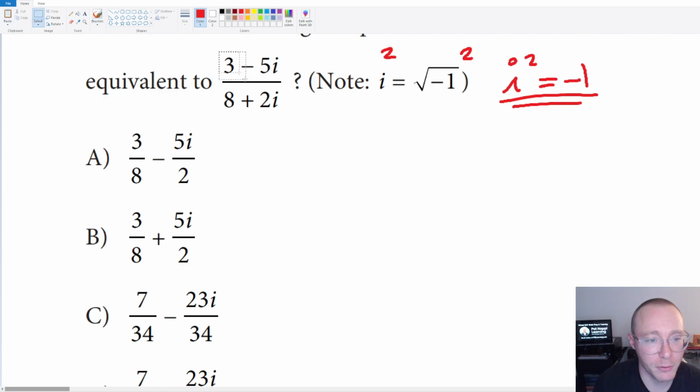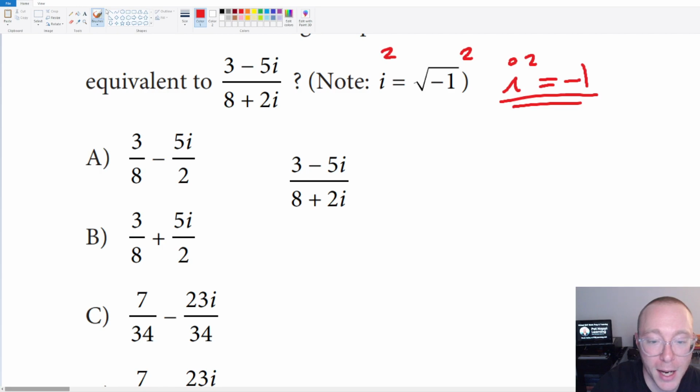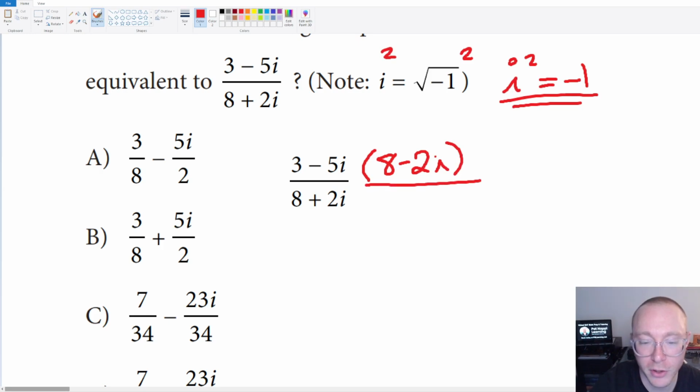You're going to take this fraction, (3 minus 5i) over (8 plus 2i), and you're going to multiply the numerator and denominator by 8 minus 2i. 8 minus 2i is almost the same as the denominator, except we've switched the positive to a negative symbol. And that's really all a complex conjugate is. It's some complex expression with two terms, and you just switch the middle sign.